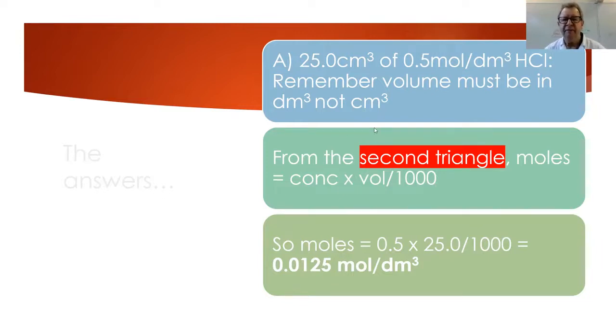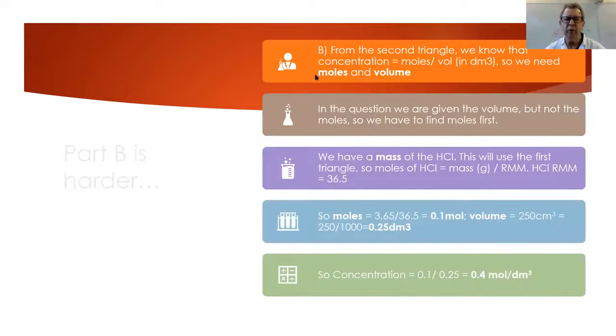And then finally, the more difficult one. From the second triangle, we know that concentration is moles over volume. So we need the moles and the volume. Now we've got the volume. The question gives you the volume, but not the moles. So we've got a mass, as I just said, so we use the first triangle, and the moles equals the grams over the RMM.